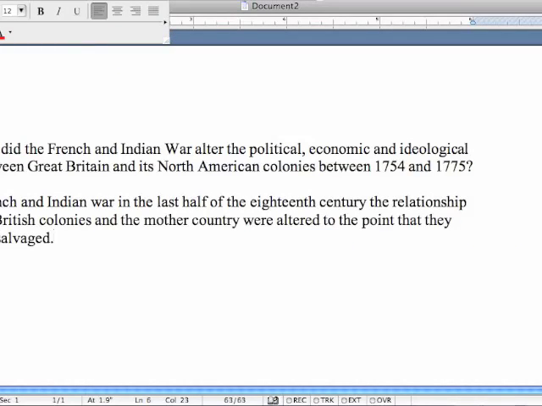Basically, what I'm trying to get the reader to realize is that I know this war is going to have a fundamental change between the British and the colonials, and it can't be fixed, can't be saved, and it's going to result in a rebellion.